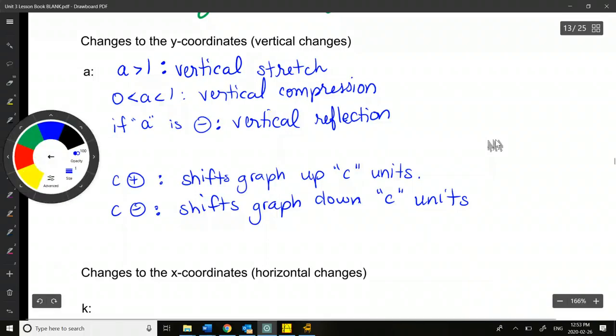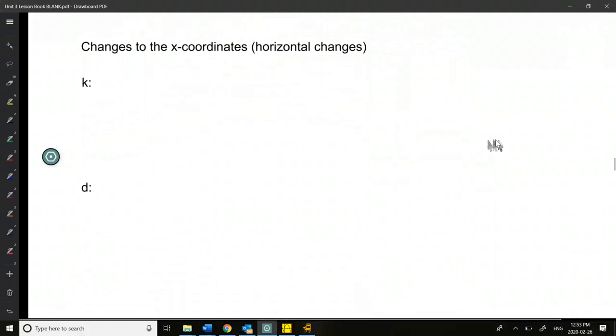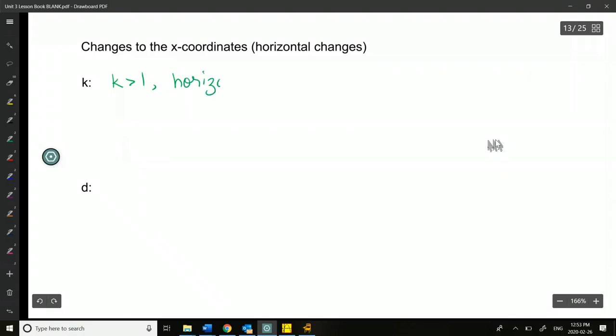And then our horizontal changes from above, you guys also have this in your summary. If K is greater than 1, this is a horizontal compression. So it's actually opposite of what the A value is.